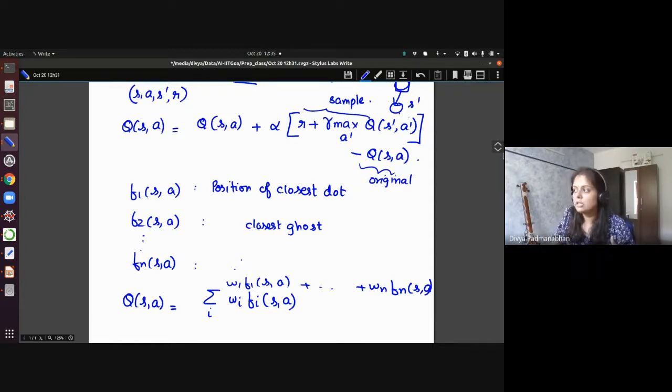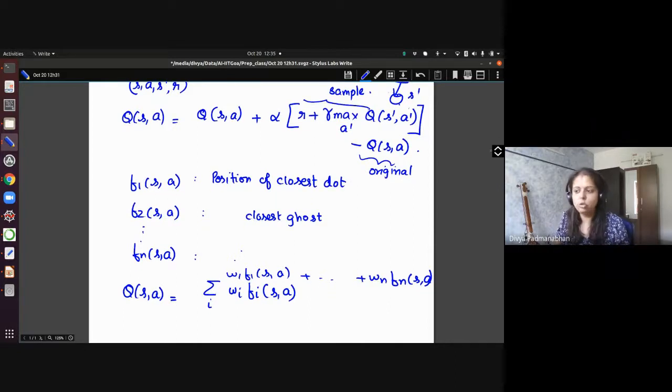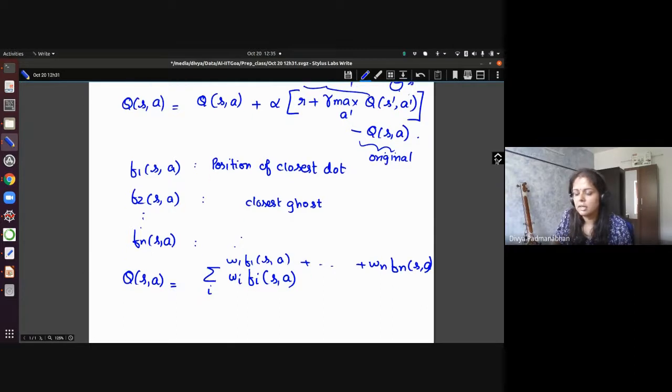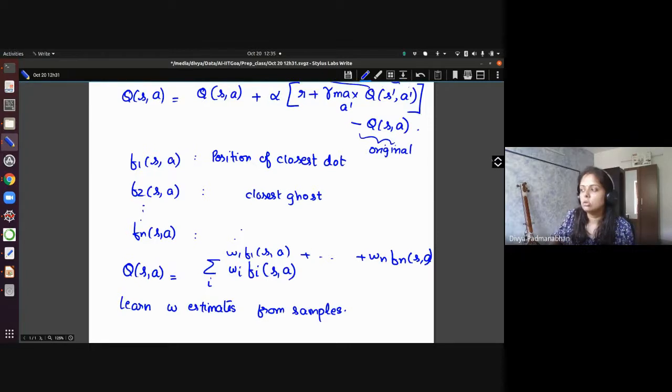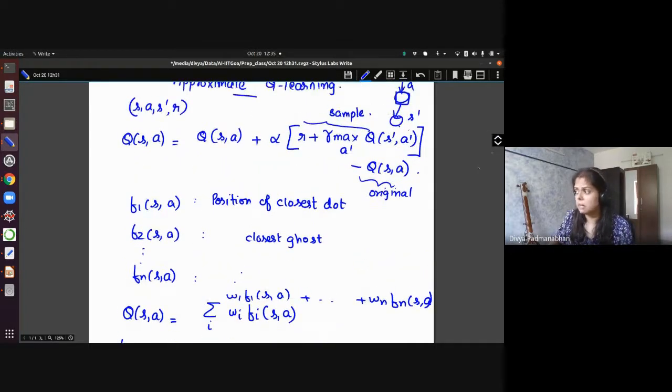But now, the difference here in Q learning is that you are actually going to learn these w values, learn the w estimates from samples. The data you see will be of this form itself: you're going to see S, A, S dash, R. This is going to remain the same.